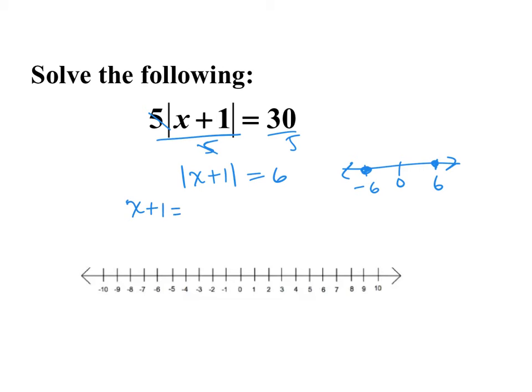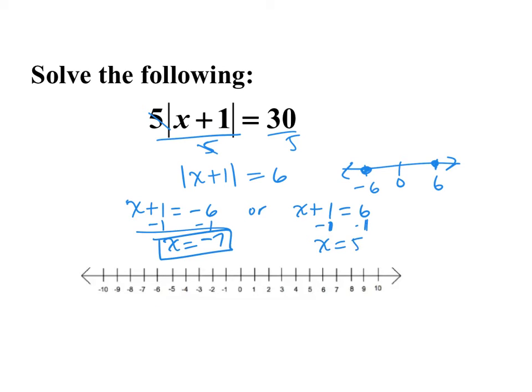So x plus 1 is either equal to negative 6, or x plus 1 is equal to positive 6. Now let's solve each equation. And we get x is equal to negative 7, or if we solve over here, we get that x is equal to 5. So our two solutions are negative 7 and positive 5, and I just want to show you that those both work.